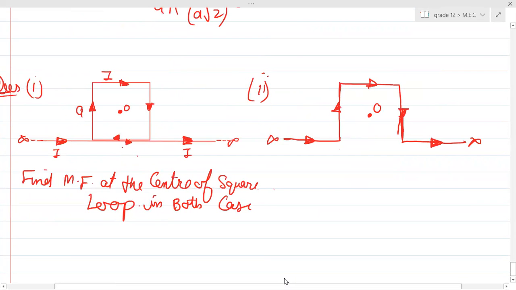This is your hint. Okay, sir, can you show the diagram again? This is the hint.